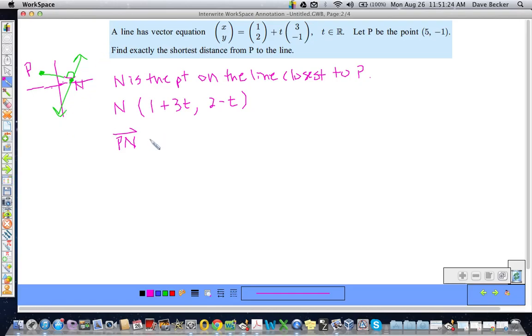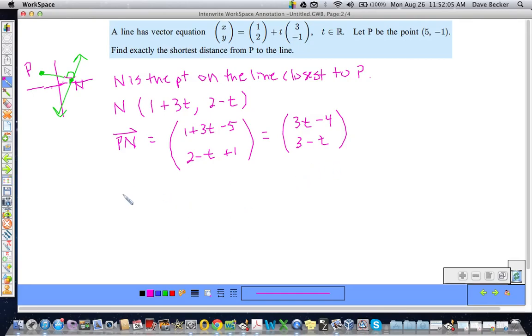That is going to be 1 plus 3t minus 5, and then 2 minus t minus a negative 1, so that's going to be plus 1. And then, lo and behold, we get the vector (3t - 4, -t + 3), or 3 minus t. I guess we don't like to have the negatives first. So there we go.